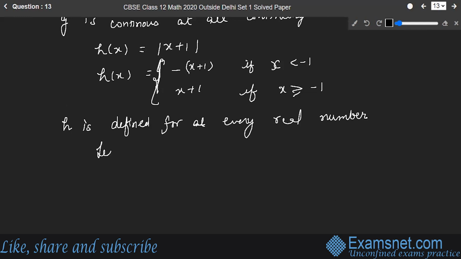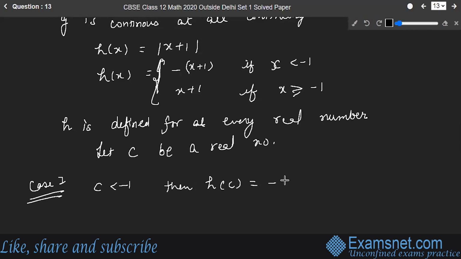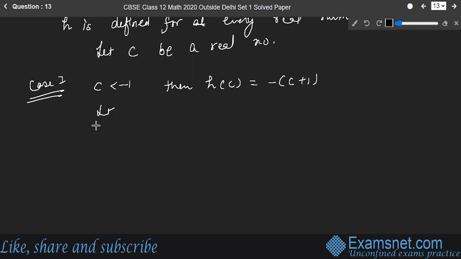Let C be a real number again. So three cases. First is when C is less than minus 1, then h of C will be minus C plus 1, and the limit as x approaches C of h(x) is equal to the limit as x approaches C of minus of x plus 1.